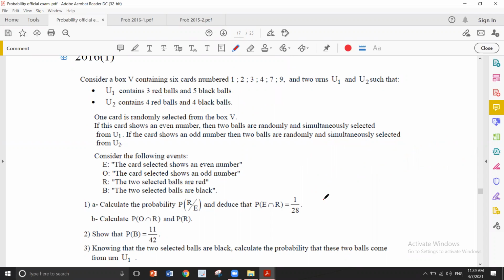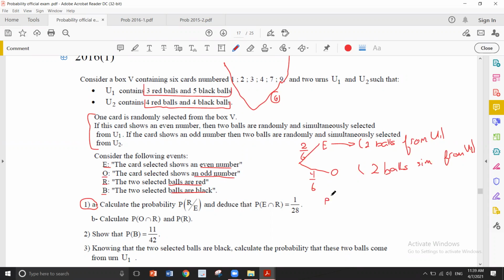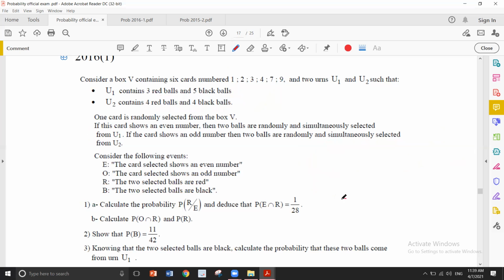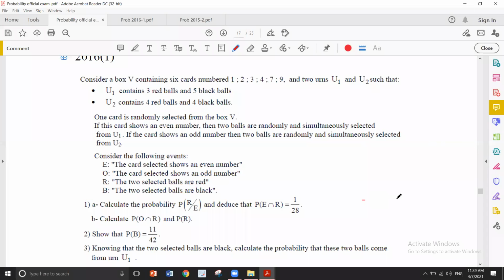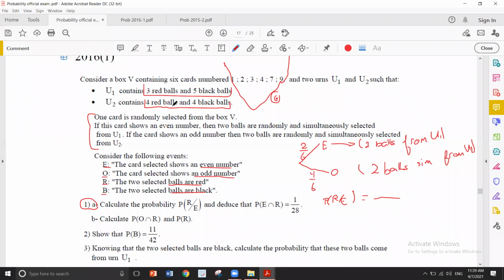So the probability of R given E is choose 2 from 3 over... How many balls are in U1? 8. I have to choose 2 from 8. And here I have to choose 2 red from 3.